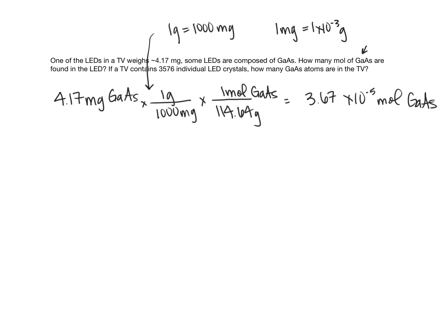Now, there are a variety of ways you could answer the second part. I'm going to answer the second part, about how many atoms are in a TV, by starting at the beginning. You could use the moles that you found and complete your calculation. So I'm going to take my 4.17 milligrams of gallium arsenide and multiply that by the 3,576 crystals.